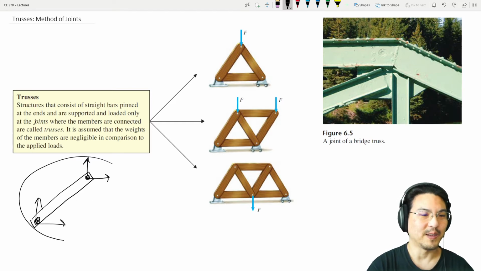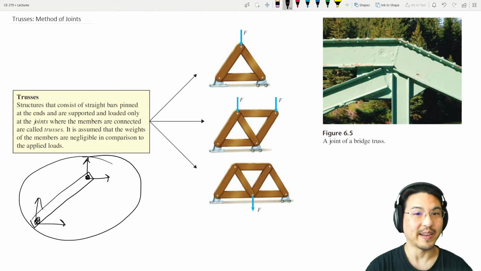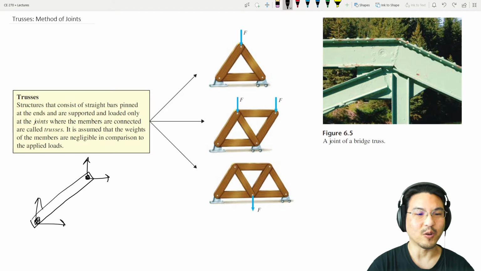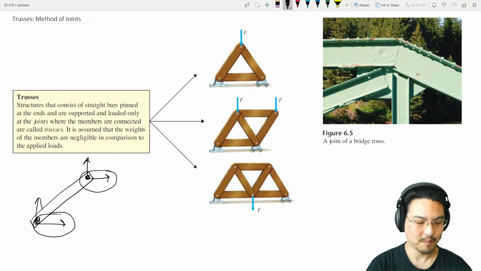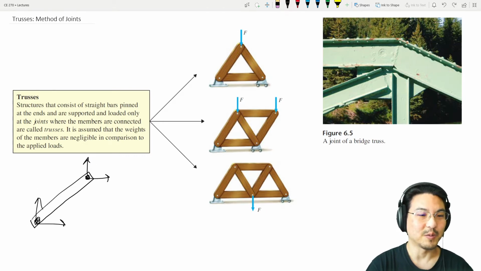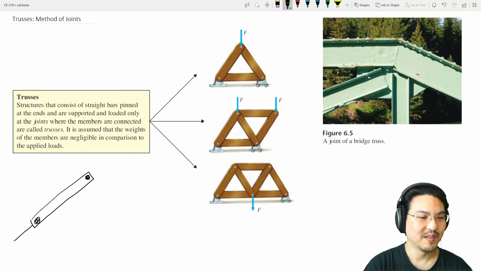Now, if this member is static, like the members of the structure aren't accelerating in any direction, it's just static. If the acceleration is 0, then this force has got to be equal and opposite this one. This one has got to be equal and opposite to this one, which means we have one of two scenarios. Either the reactions at the joints look like this, or the reactions at the joints look like this.